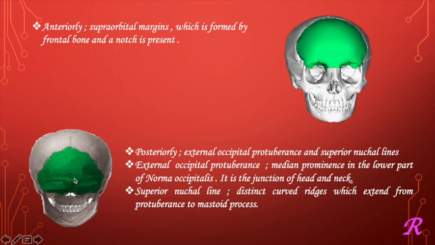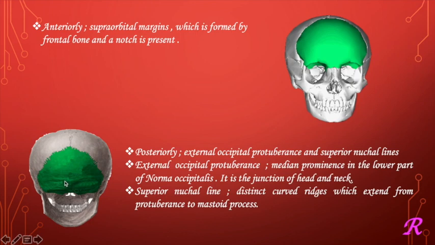External occipital protuberance is a median prominence in the lower part of occipital bone. It can be defined as the junction of head and neck.